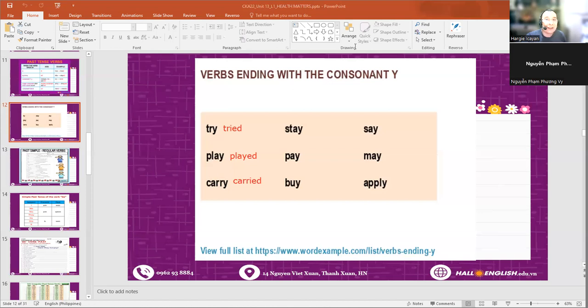Which consonant letter? The consonant letter R, right? It ends in Y but is preceded by a consonant letter. So therefore, we need to change. But play ends in Y but is preceded by a vowel letter. So we do not change.